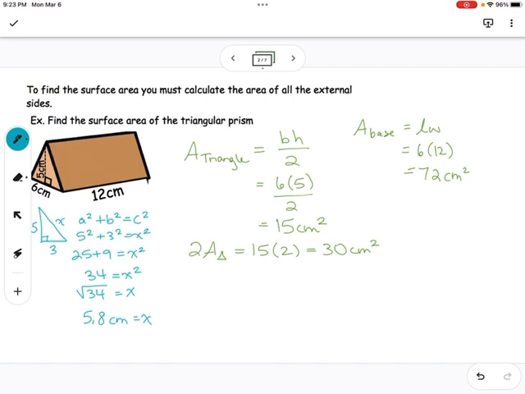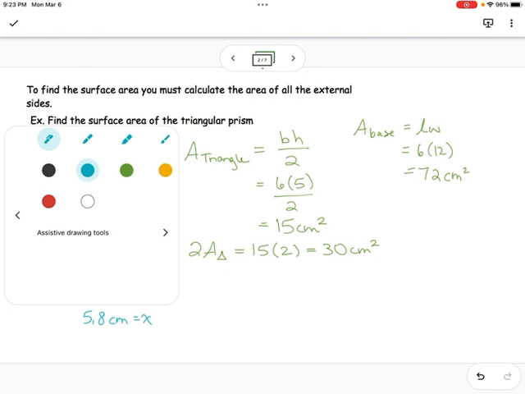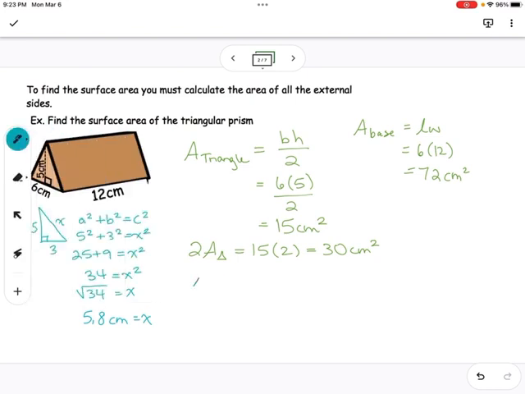Okay. So knowing that, we're going to find the area of the rectangle, and we remember that we have 2 of those. So the area of the rectangles is length times width. We are multiplying that by 2 because there's 2 of them.